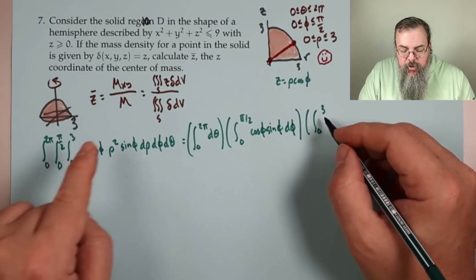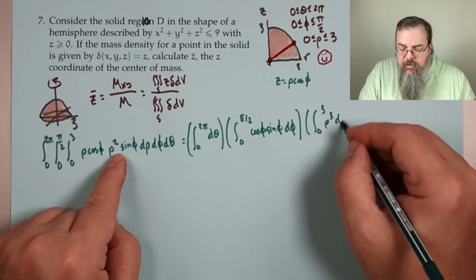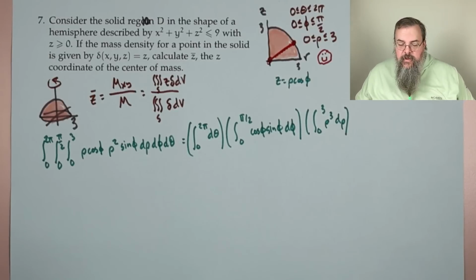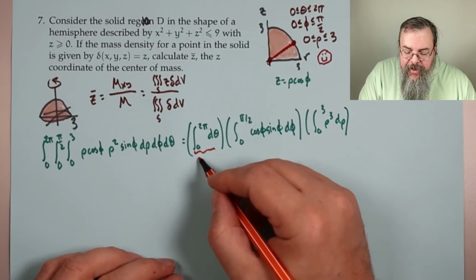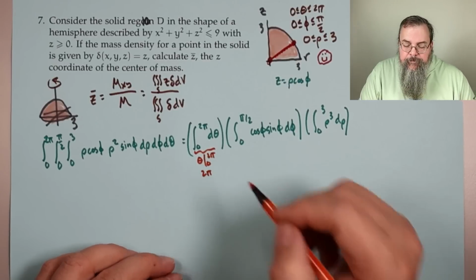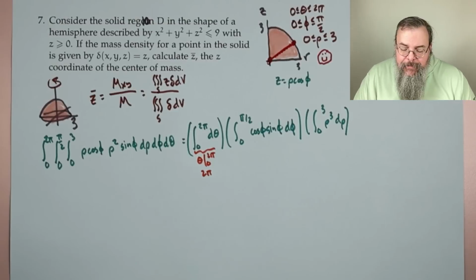We got rho and rho squared, so that's rho cubed, d rho. All right, well, let's work that out. Now the first one, integral 0 to 2 pi d theta. That's theta from 0 to 2 pi, and that's 2 pi. Great. How about the second one?